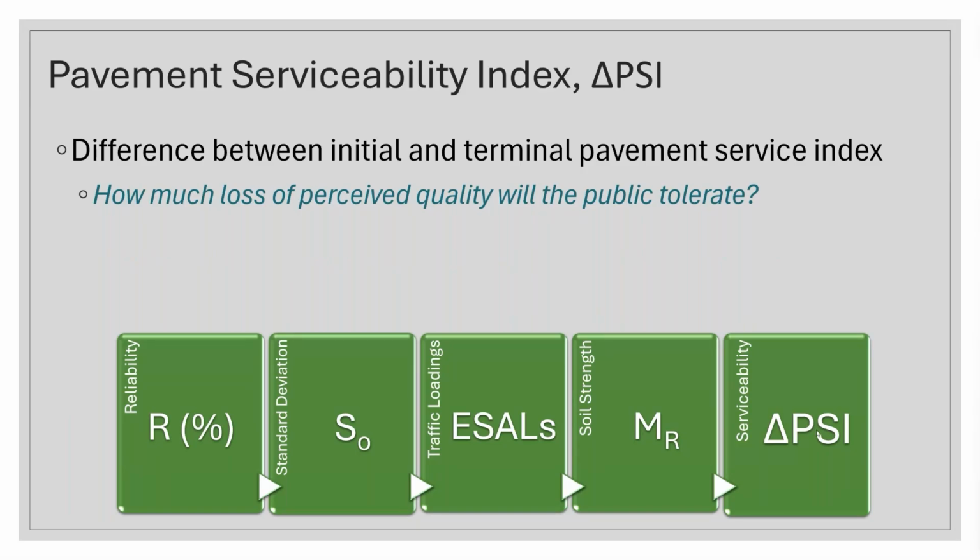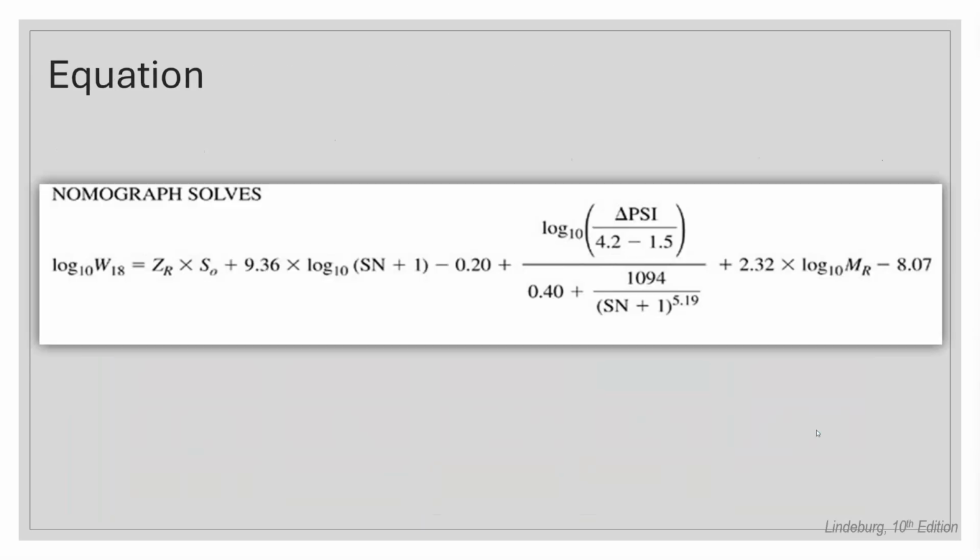Now, once we have all those numbers figured out, we go to this cute little equation here, and it's pretty ugly. So we've got the log, W18 is our ESALs, S sub 0 is the standard deviation, the Z sub R, that's our reliability, structural number is SN, and that's actually the thing that we want.